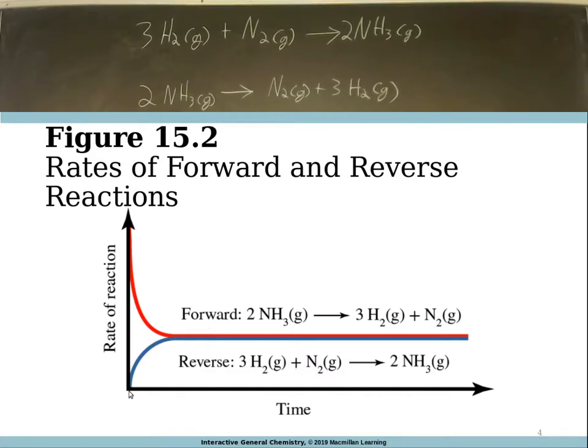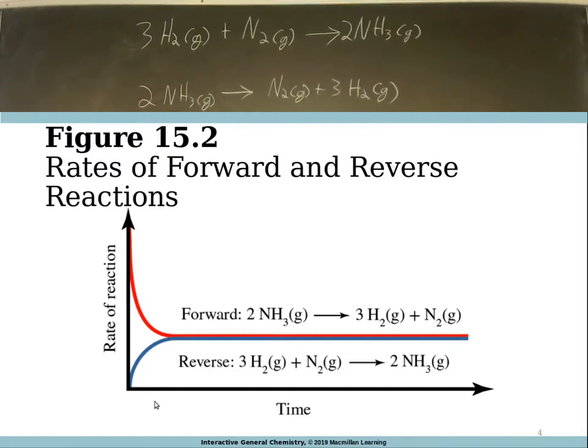In the reverse reaction, the recombination of hydrogen and nitrogen to reform ammonia, that reaction rate will start at 0 because we have no hydrogen and nitrogen to begin with. But as the amount of hydrogen and nitrogen build up, then that reaction rate will increase until the forward and reverse reaction rates are equal to each other.